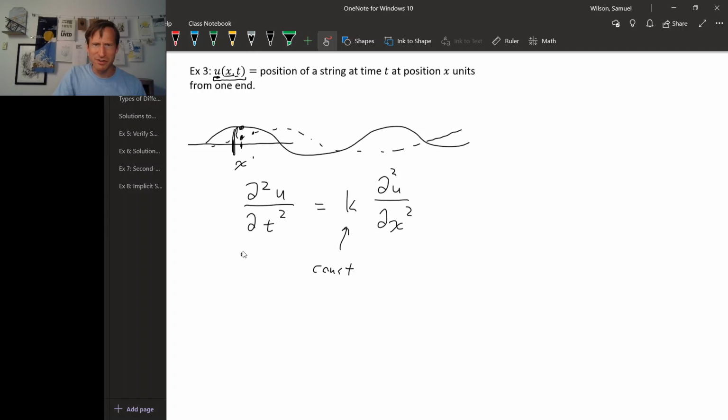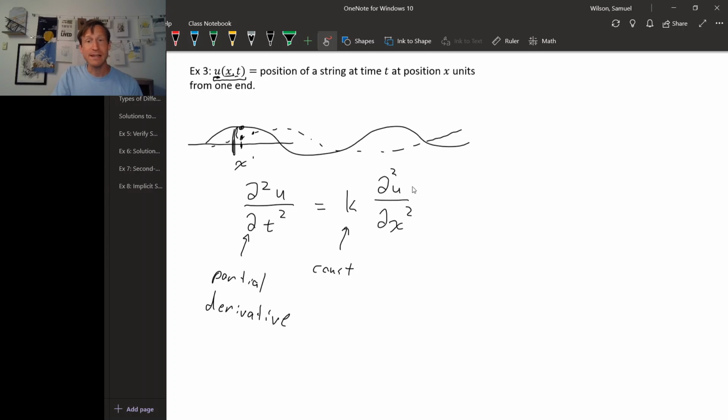Now these funny looking d's, these are partial derivatives. And if you don't know what partial derivatives are, don't worry about it, because the types of differential equations where partial derivatives show up, we're not going to study in this class.